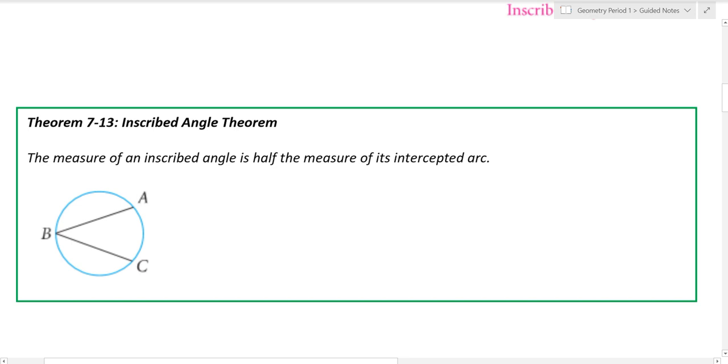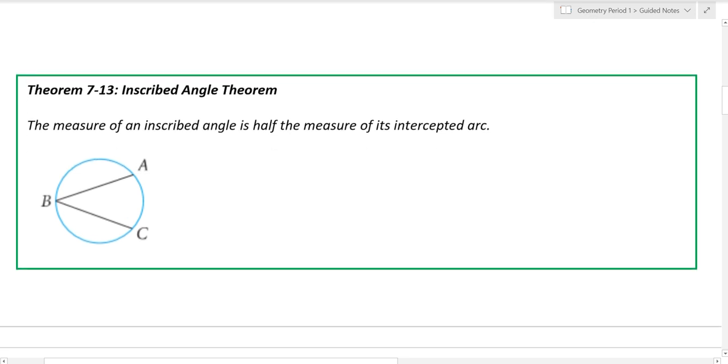Let's take a look at our first theorem, Theorem 7.13, the inscribed angle theorem, which states that the measure of an inscribed angle is half the measure of its intercepted arc. So let's take a look at what that actually means. Here we have angle B, and angle B is my inscribed angle. Its endpoints intersect arc AC.